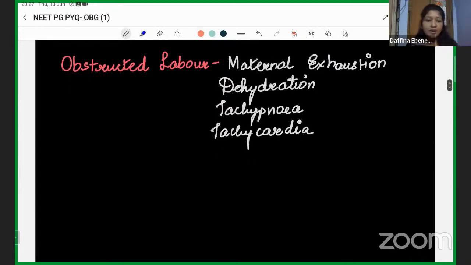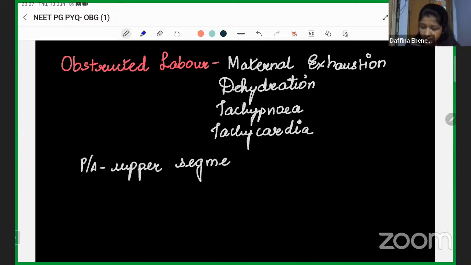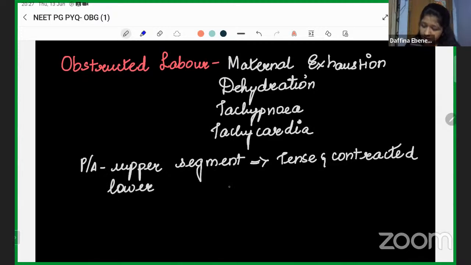When you examine per abdomen, you can feel the upper uterine segment is very tense and tonically contracted. On the other hand, the lower uterine segment is thin and stretched. So on per abdomen examination, the upper segment is tense and contracted, and the lower segment is thin and stretched.